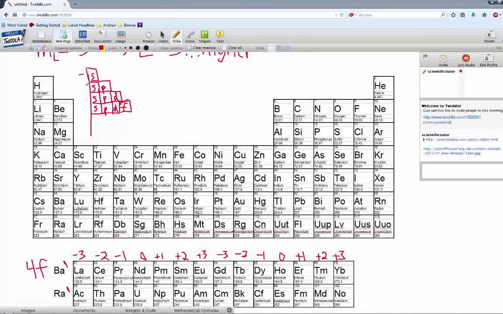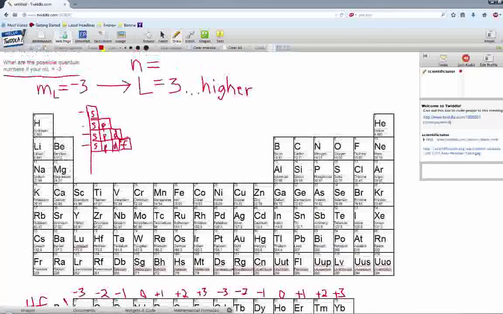It's not until the 1, 2, 3, 4th energy level that we get to the f orbitals. That's the minimum we need to get to the f orbitals. Therefore, if the minimum energy level is 4, the n has to equal 4 or higher. It can be higher.